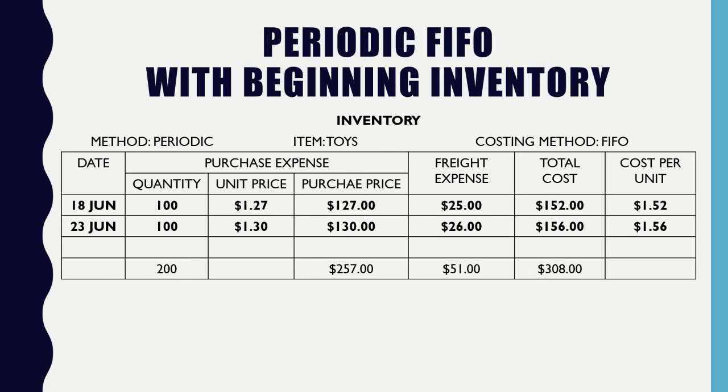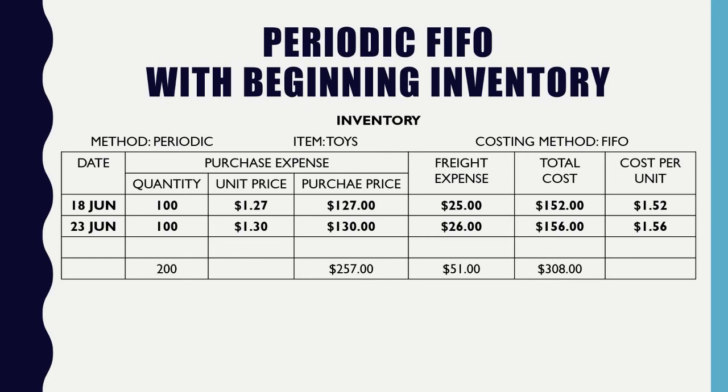All right, then again, we made another purchase on the 23rd of June, another 100 units of toys for $1.30. So again, we recognize that we had $26 of freight, which ended us with $156 in total, with $1.56 per unit.